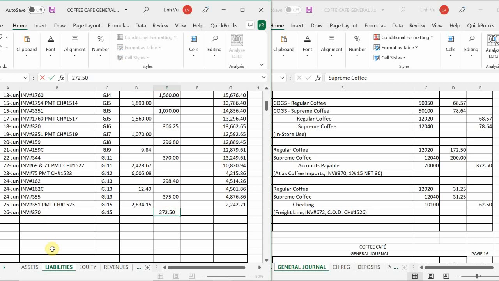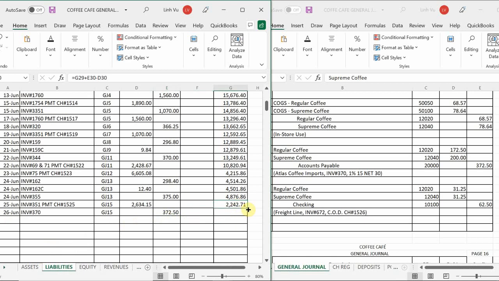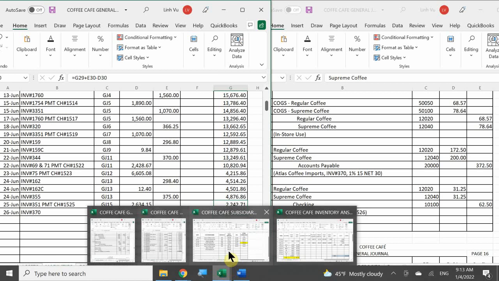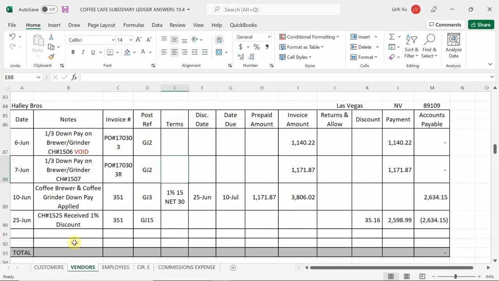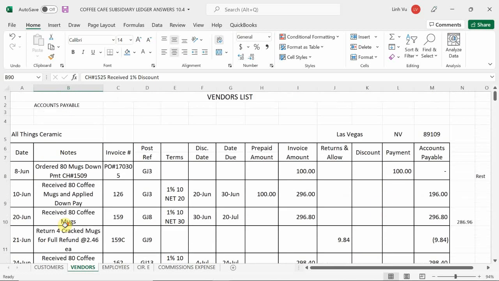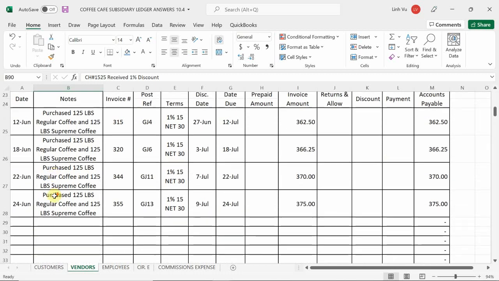I'm sorry, 372.50. $26.15.21. Good. Since we owe Atlas Coffee more money, here we go, Atlas Coffee.